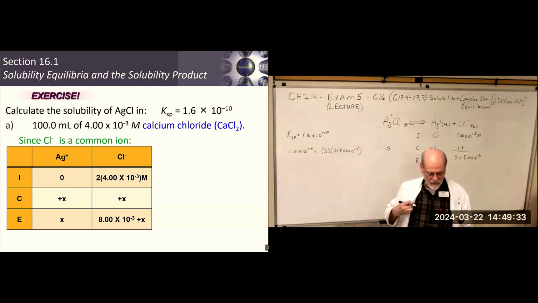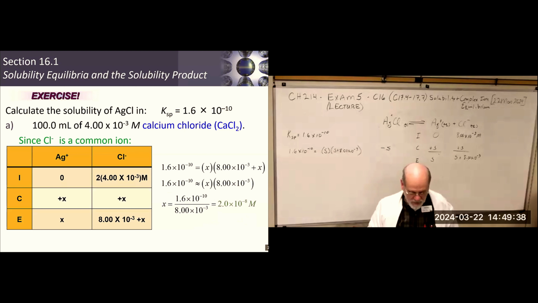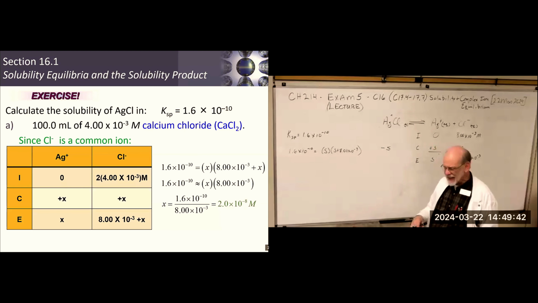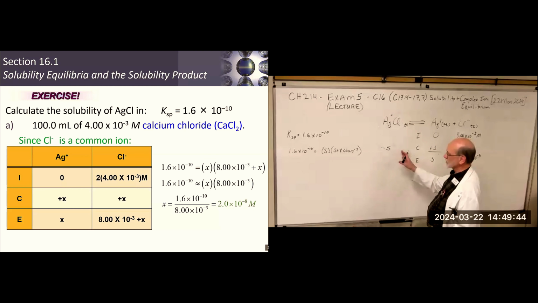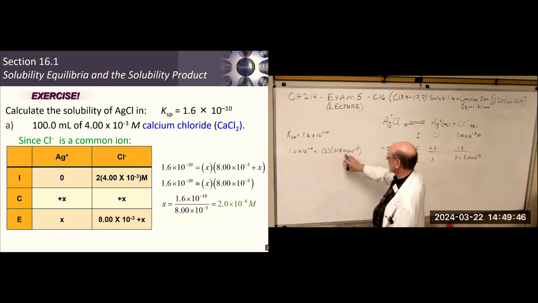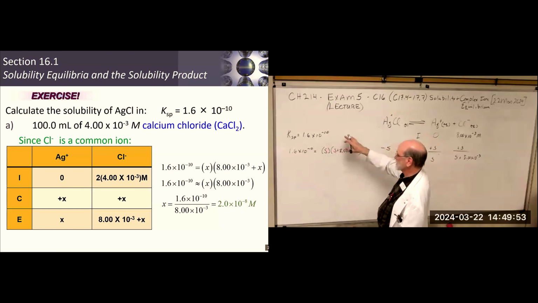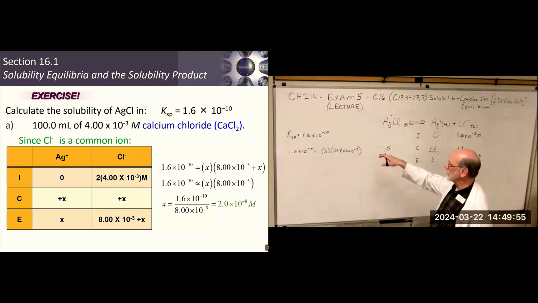Now, okay, so if we set up the equation, are we going to say that S is significantly smaller than 10 to the minus 3? Well, the solubility product is this, and the square root of that would normally be 10 to the minus 5th.